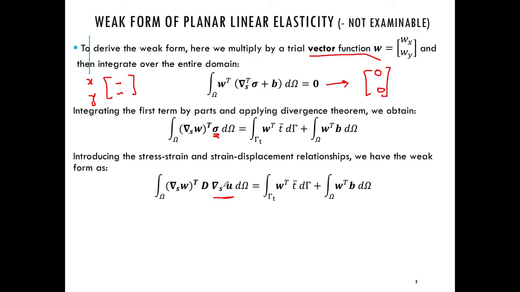Now, as you can see, if I had already made my substitution in here for sigma, this strong form was actually a second order partial differential equation for my displacement.